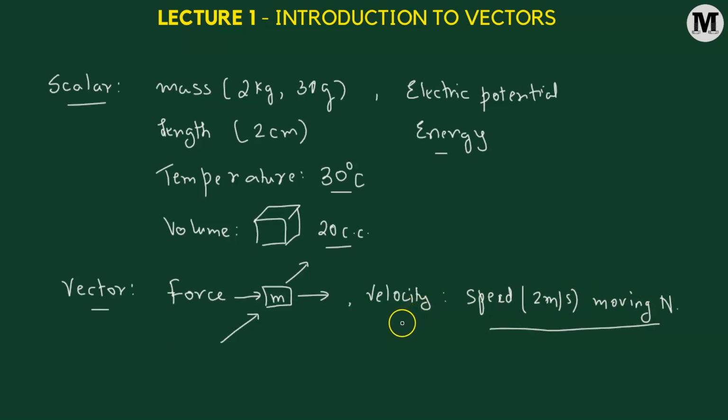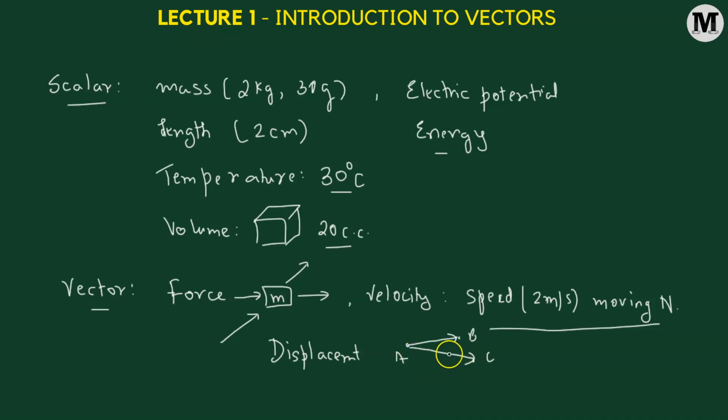Okay. Then we could have displacement. Now displacement is the movement of the object from one location to another. So that is a vector quantity because it depends on direction. So let's say we have 3 points A, B and C. Now the displacement of an object going from A to B is very different from the displacement of the object going from A to C. It is direction dependent.